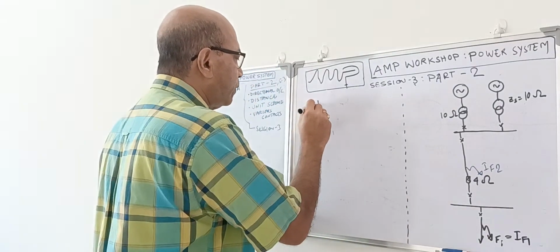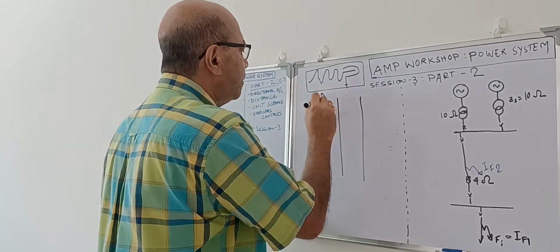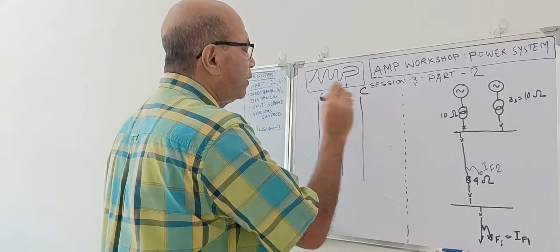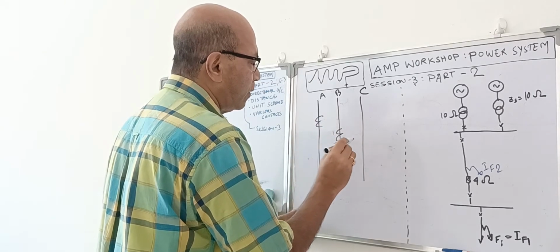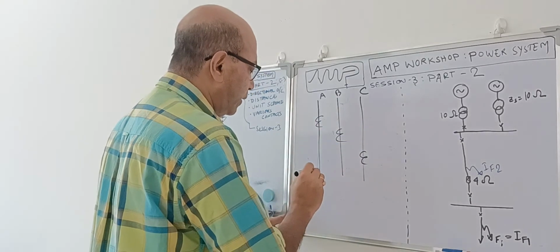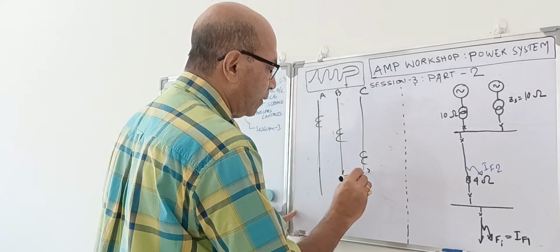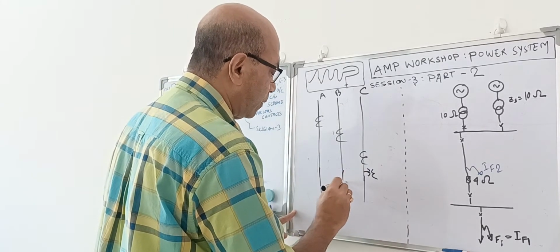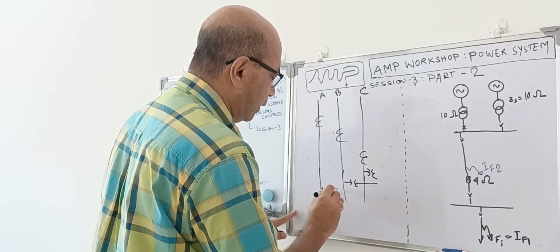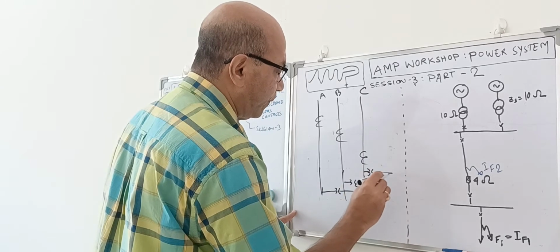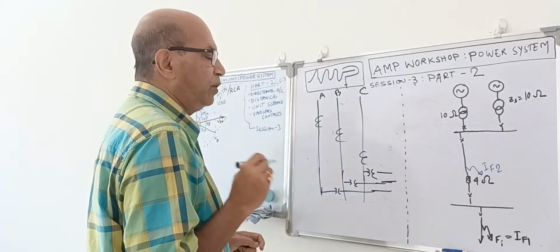Suppose this is A, B, C. These are the three phases. Now here I have a CT. These are the three CTs, and then there is a PT. Suppose there is a PT connected over here, three single-phase PTs connected.